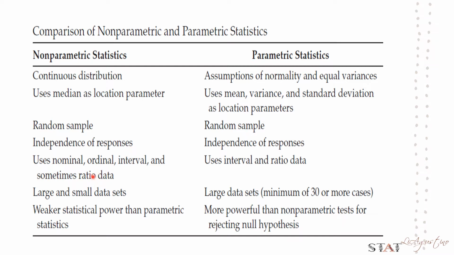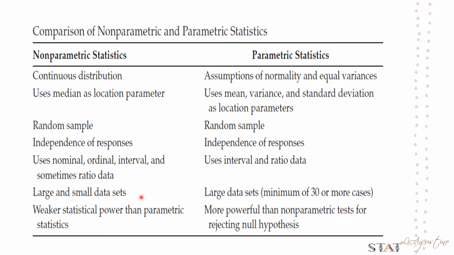In non-parametric tests, they use nominal, ordinal, interval, and sometimes ratio. These are the four hierarchical levels of measurement. However, in parametric tests, usually only the interval and ratio levels of measurement are used.